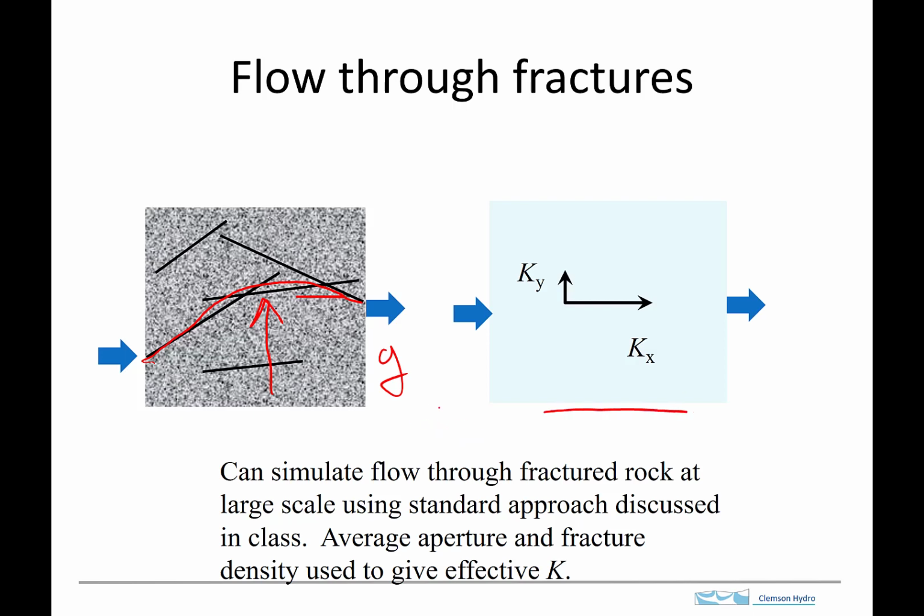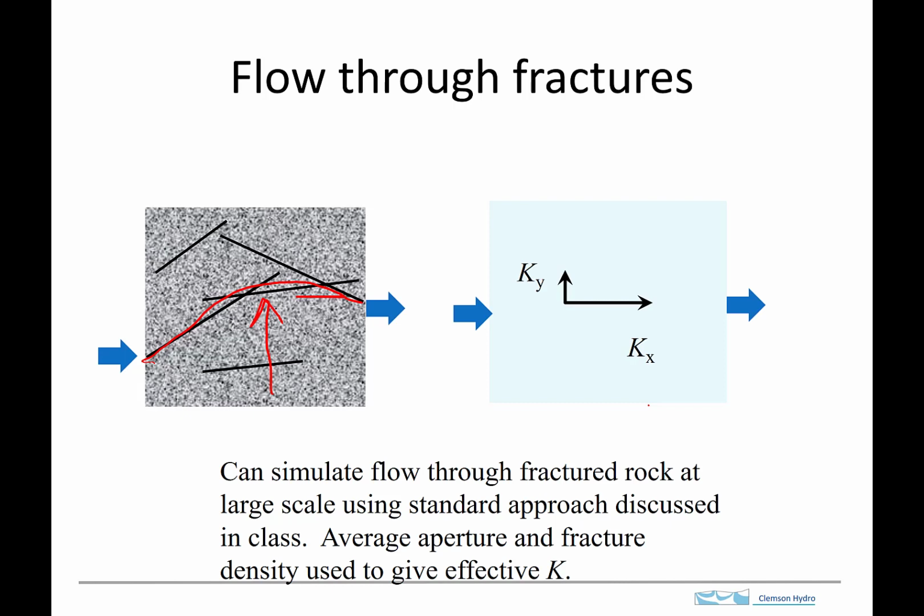Now, that's somewhat easy to evaluate where we would have layered sedimentary rocks, for example, because we would expect that the anisotropy would be oriented parallel and perpendicular to the sedimentary layering.